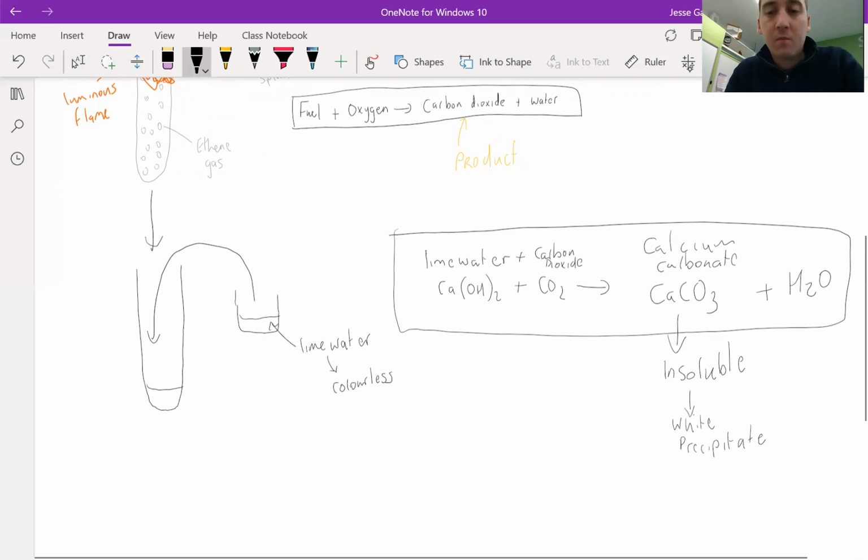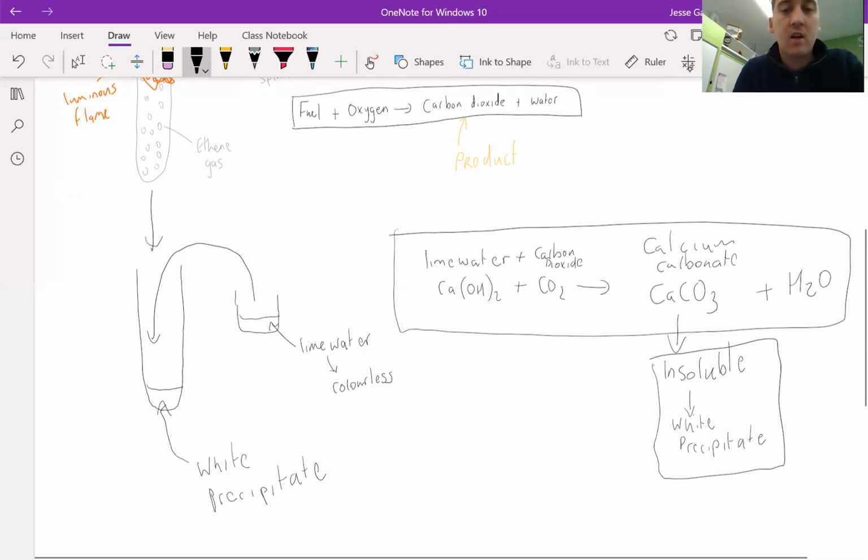Because this substance is insoluble and forms a white precipitate, we see a white precipitate get formed if carbon dioxide is there. If carbon dioxide is not there, then calcium hydroxide, the CaOH2, just stays the same, and it doesn't form a white precipitate.